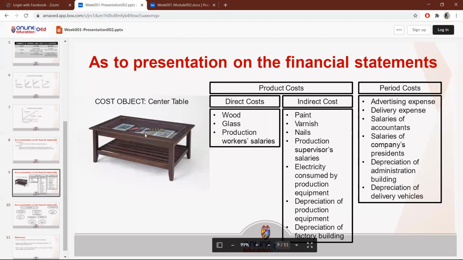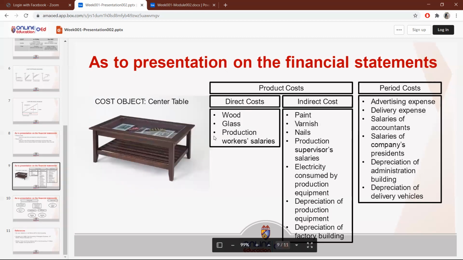Okay, so here is our example from earlier. Direct cost, indirect cost, and then period costs. Advertising expense, delivery expense, salaries of accountants, the back office. So it's not related to the production, so it is recorded as a period cost.